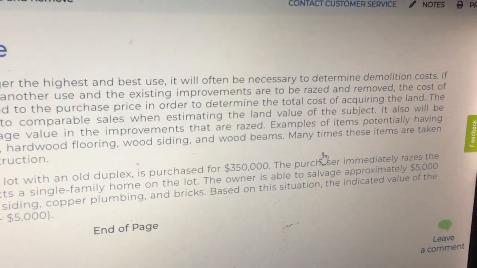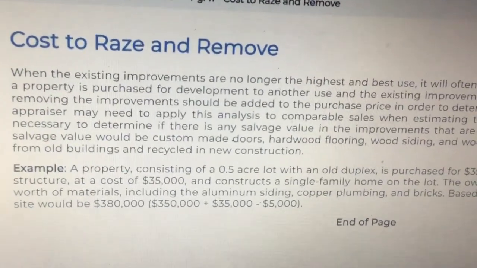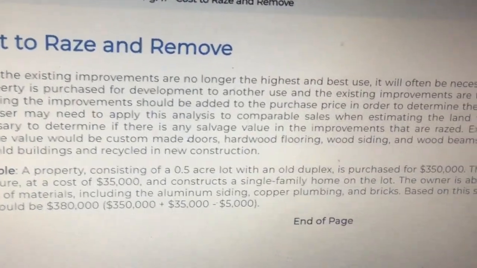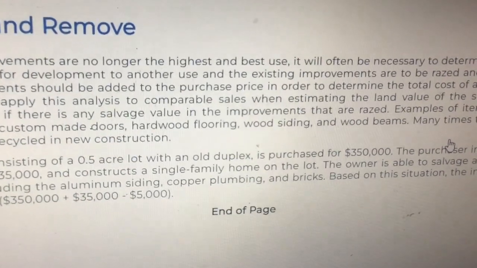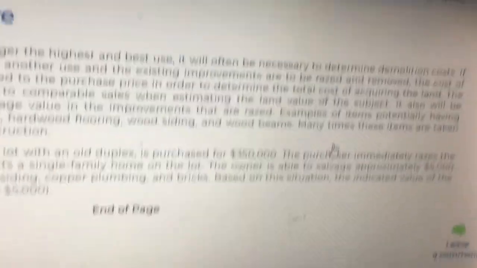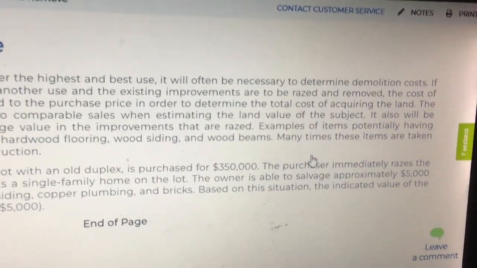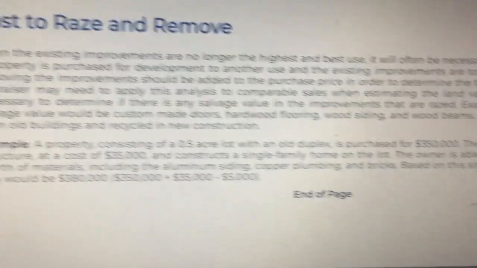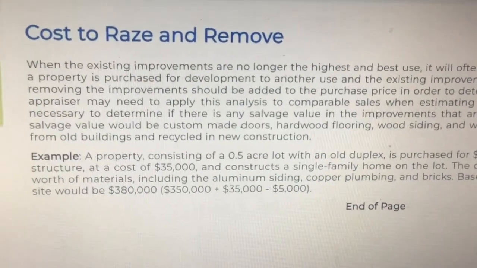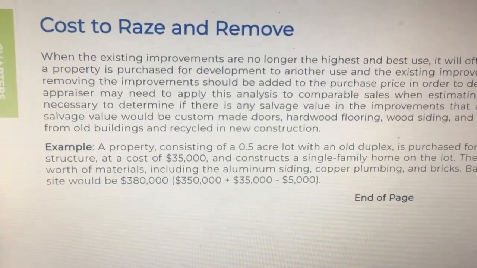Examples of items potentially having salvage value would be custom-made doors, hardwood flooring, wood siding, and wood beams. Many times, these items are taken from old buildings and recycled in new construction.